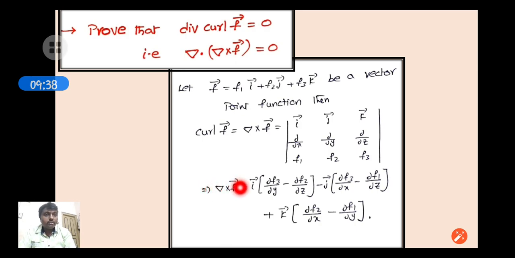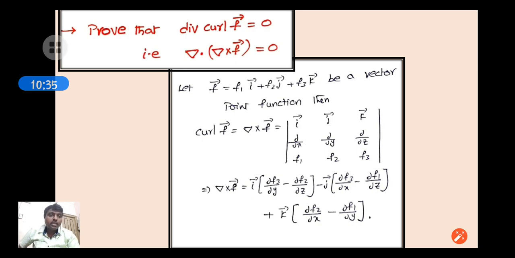Del cross f bar is equal to i bar into, by deleting the first column and first row, the 2 by 2 determinant: dou by dou y of f3, that is dou f3 by dou y, minus dou by dou z of f2, that is dou f2 by dou z; minus j bar into, by deleting the second column and first row, dou f3 by dou x minus dou f1 by dou z; plus k bar into, by deleting the third column and first row, dou by dou x of f2 minus dou by dou y of f1.